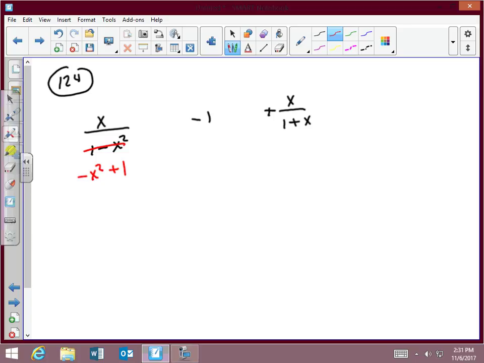So what would you do? You could factor out a minus 1 and make this x squared minus 1, right? Now, that minus 1, you could actually move it right up here and make the whole term negative, right? Isn't that right? That's the way you'd want to do it.